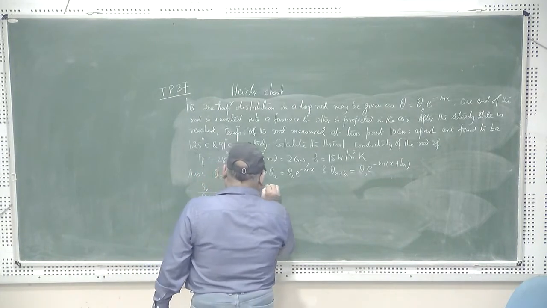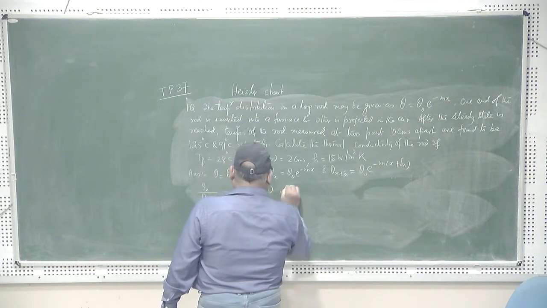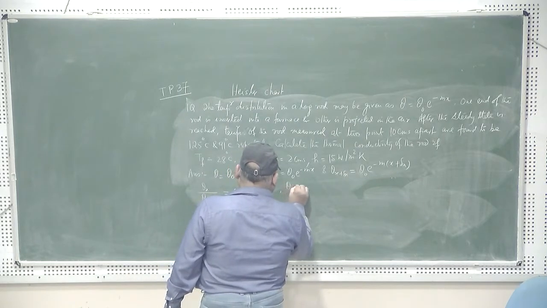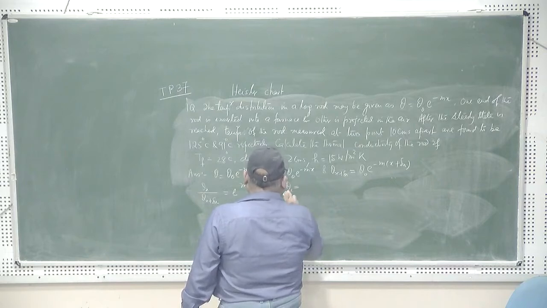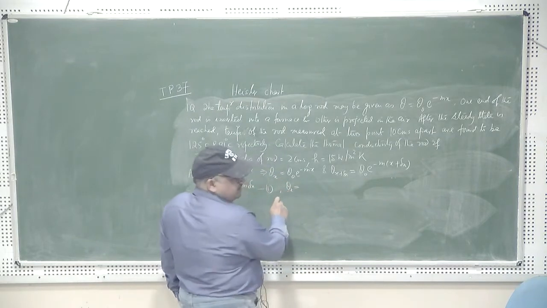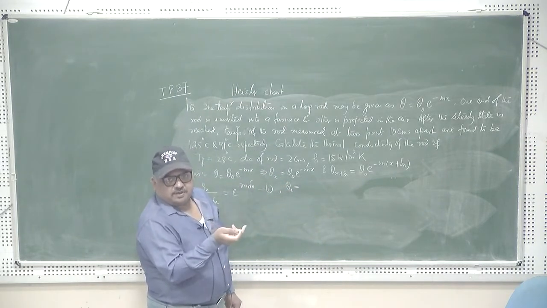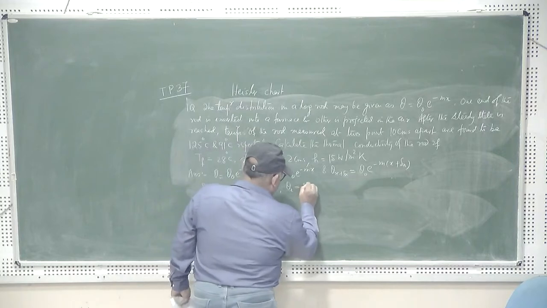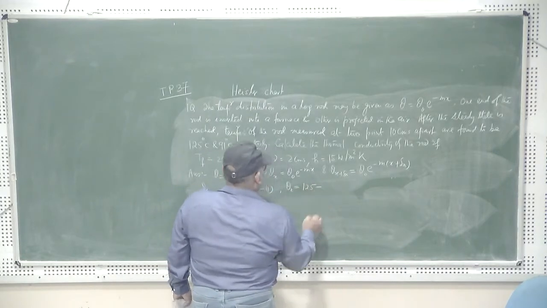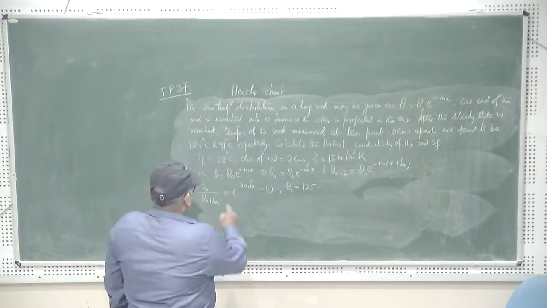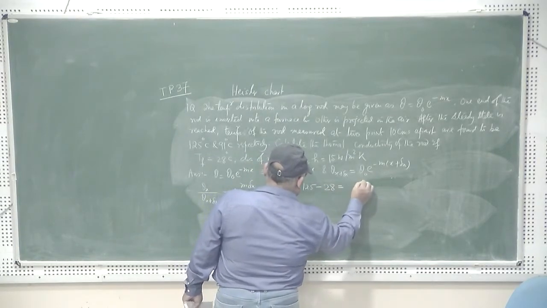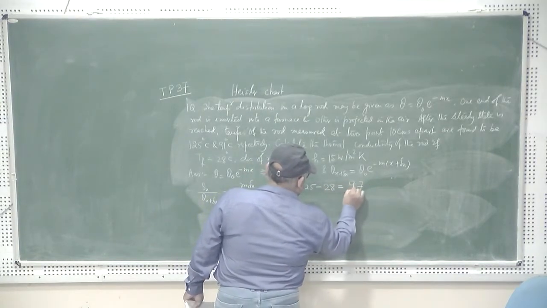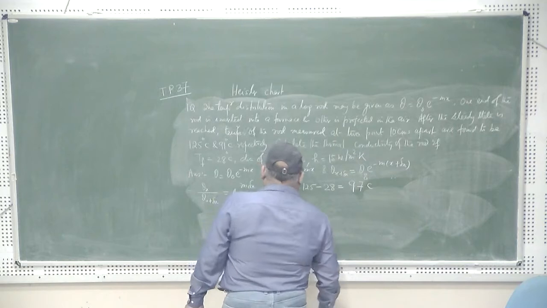Now, let it be question number 1. Now, theta x is equal to how much? Temperature at a particular point minus temperature of the ambient air, that is 125 minus 28, which is equal to 97 degrees centigrade.